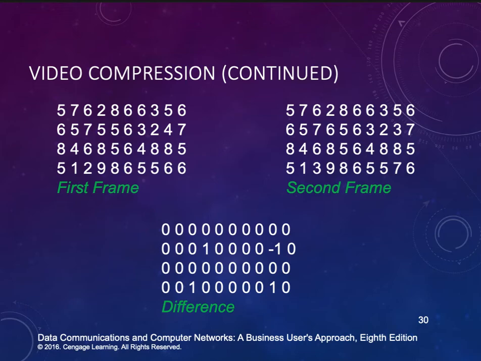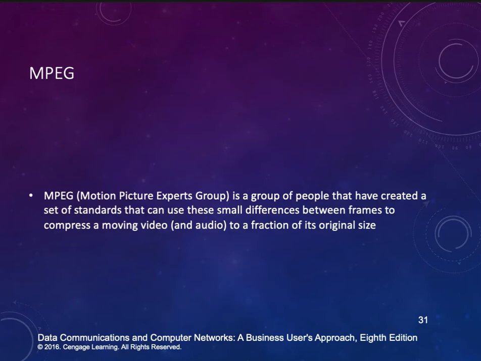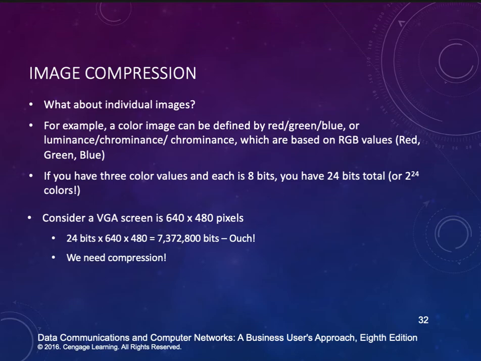Next we have MPEG, or Motion Picture Expert Group. This is created with small differences of frames. It compresses both video and audio. Image compression uses RGB, red, green, and blue. These are the values.